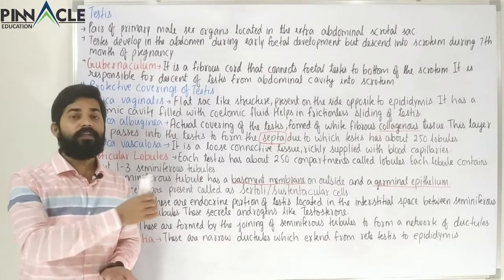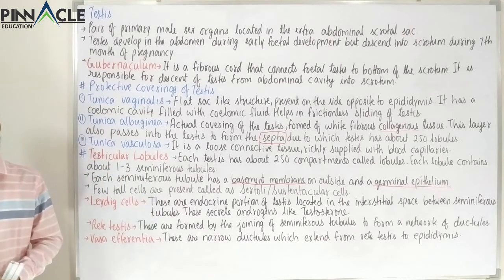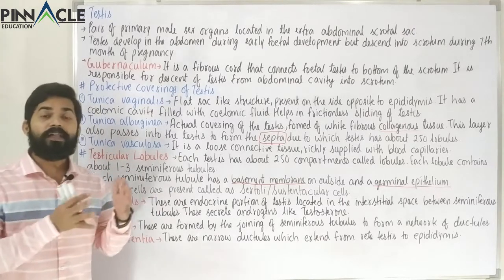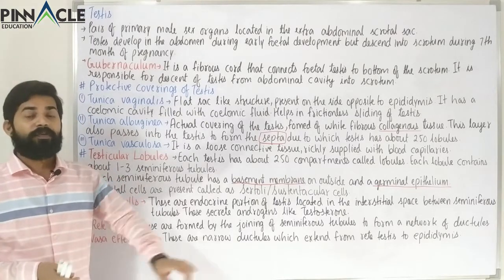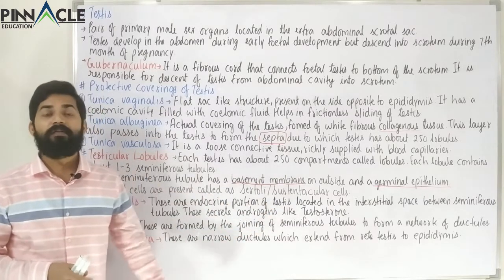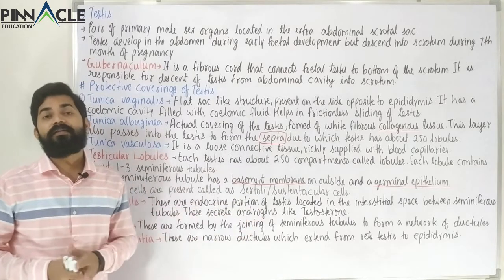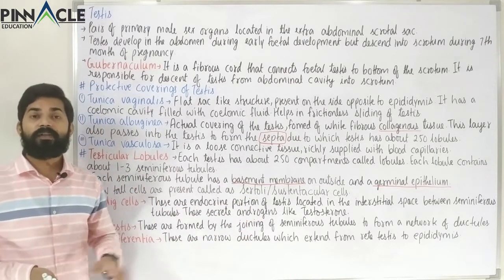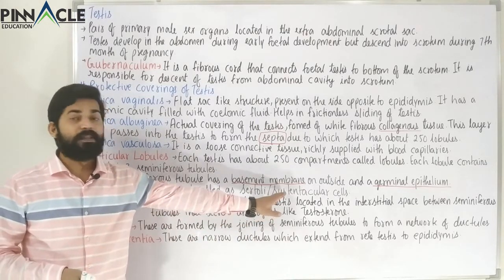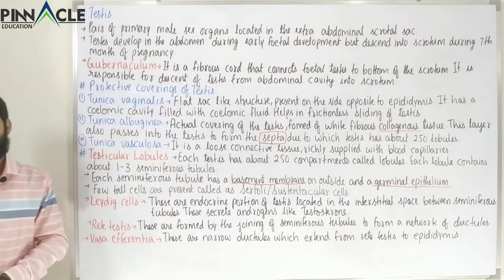We are going to study that later in the case of spermatogenesis and the hormonal control of the testis. When we study the hormonal control, we will study the ABP, the androgen binding protein, and also the inhibin. Both are released from the sustentacular or Sertoli cell.